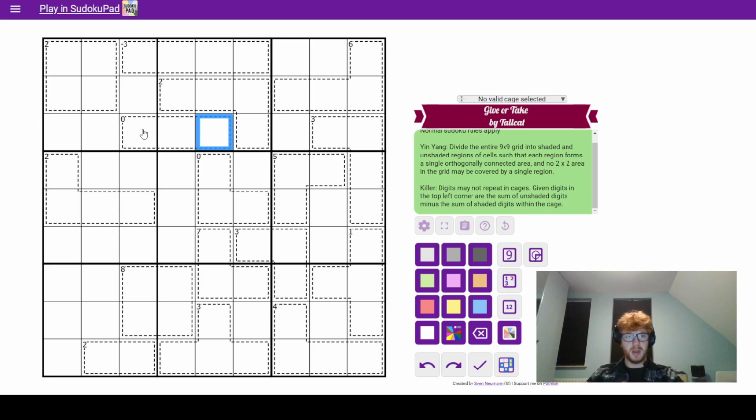That means if you didn't include the special killer rule, the minus rule, the normal cage total would always be even. Let's say 7 minus 7 makes 0, but the normal total of 7 and 7 would be 14, and that's even, and it doesn't matter which numbers you choose. If they're equal, they total to an even number.